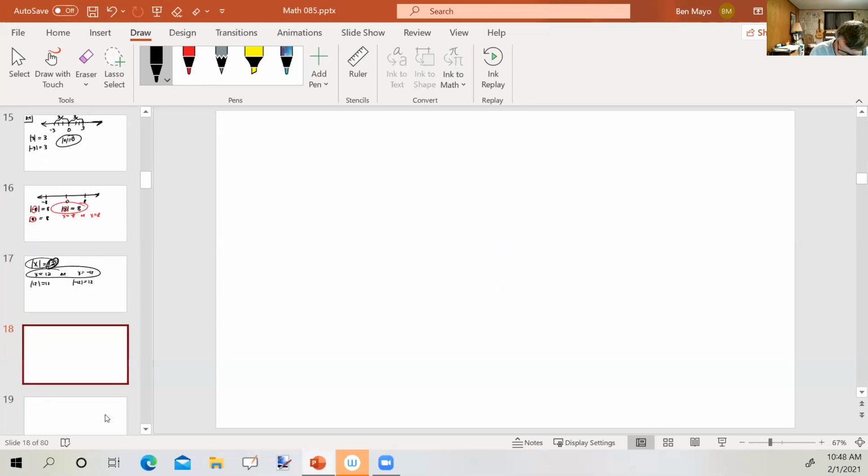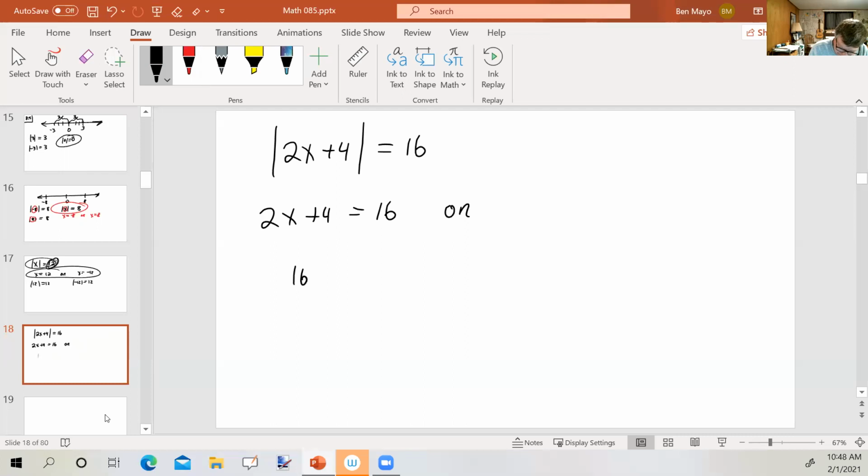Let's say we've got the absolute value of 2x plus 4 equals 16. So that means what's inside has to either equal 16 because the absolute value of 16 is 16, or what's inside has to equal the opposite of 16, or -16, because the absolute value of -16 is 16.